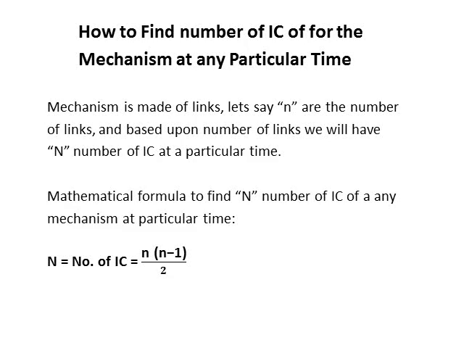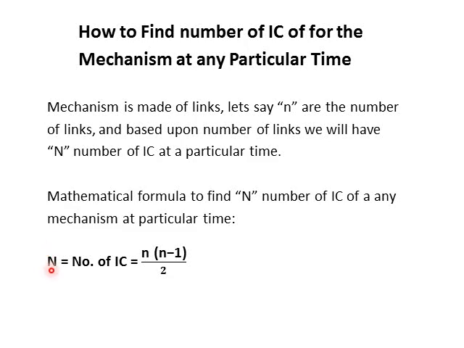For the sake of ease, if we are interested in finding the number of instantaneous centers for the whole mechanism, then we have a very simple formula, where the capital N represents the number of instantaneous centers, whereas the small n represents the number of links in the mechanism. So you have to first count the number of links in the mechanism.